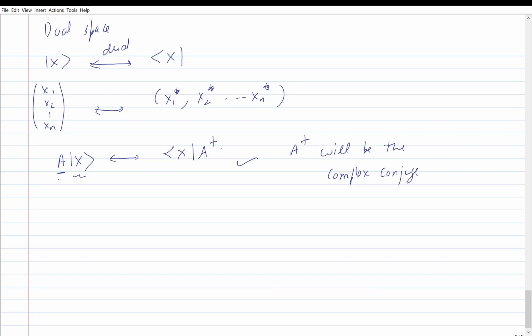So essentially the idea is that you hit this vector by this, you get psi. Now the dual of psi would be the bra psi, and then you can ask what operator is going to give me bra psi, and the answer would be this guy over here. So this essentially means that if I take a psi, I am trying to calculate the dual. What psi is going to be in the dual space is going to be represented by this guy. The A dagger is going to come out to be the complex conjugate transpose by construction.